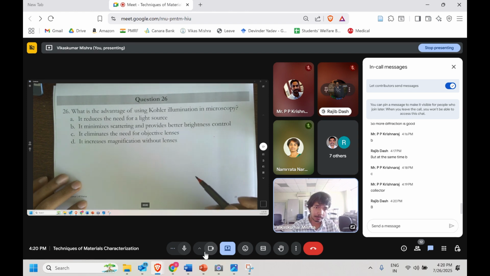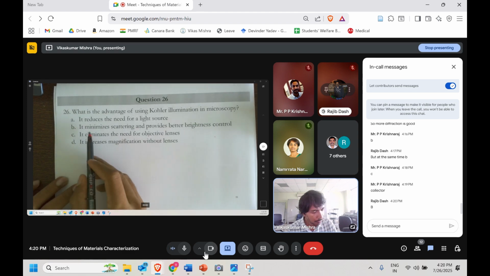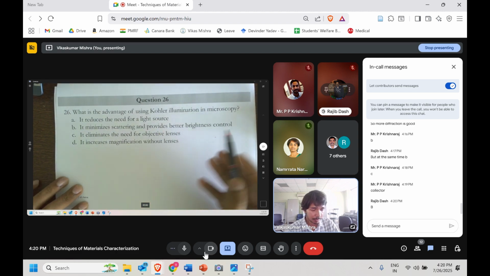The working of the collector lens is to control the scattering of the light which is coming from the source. So it minimizes the scattering and provides better brightness control.